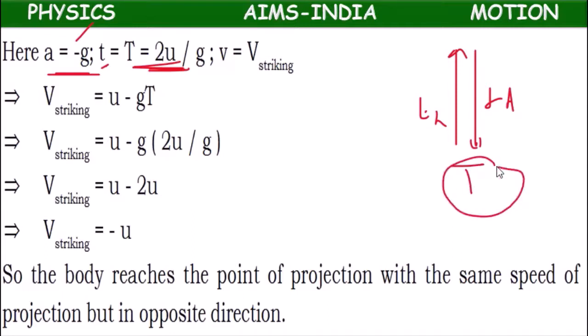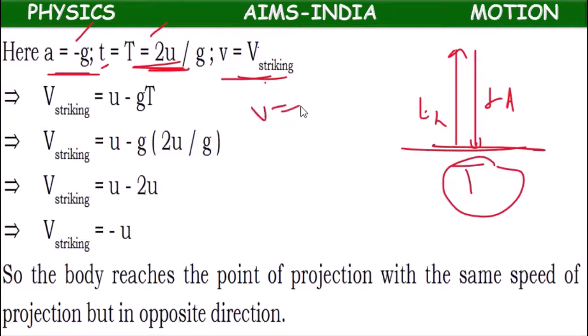So we take time as 2u by g. Now we have to find the striking velocity, with what velocity it will strike the point of projection. So v striking we will keep.